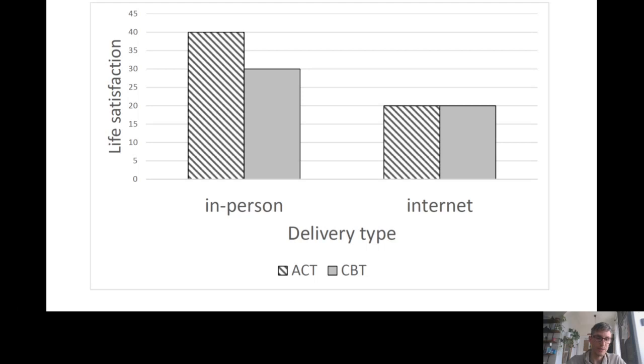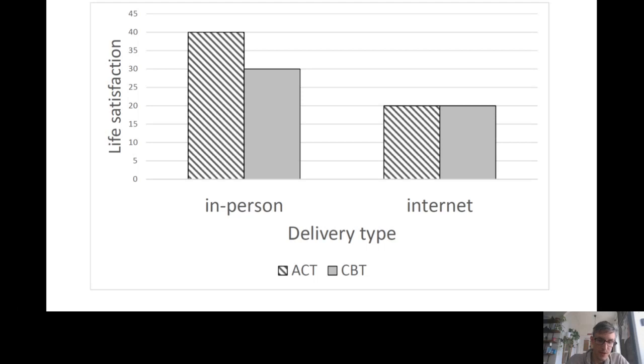And if we compared these two averages together, we would see that ACT is more effective on average than CBT if we disregard delivery type. So we don't take this into consideration. Then we can say that there is a main effect for therapy type, and that's specifically that ACT is more effective than CBT. But there is also an interaction effect.